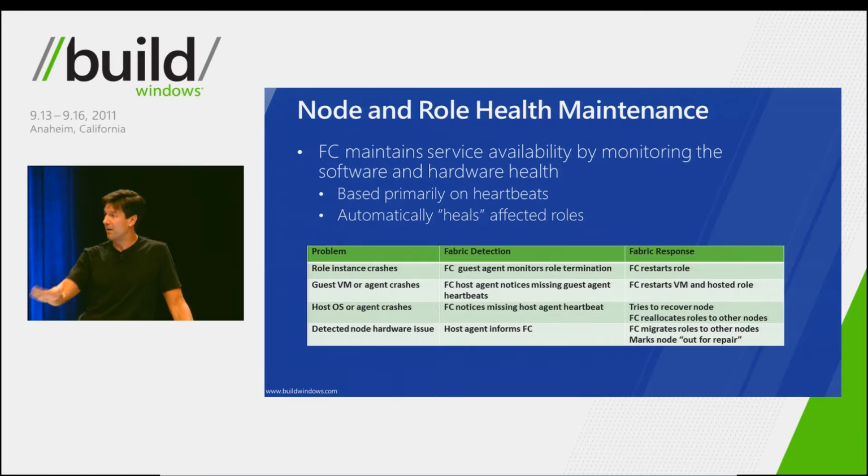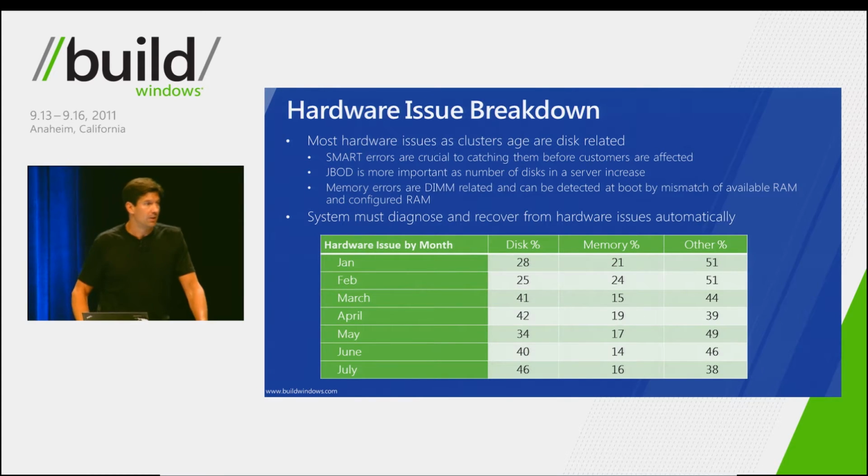We will blow away the OS differencing VHD and start fresh with a new OS because we're afraid that something's been corrupted there. It could be in a bad state, and so we will try to reset it. If we detect a hardware issue, the host agent informs the Fabric Controller. The Fabric Controller then takes that node out of rotation by doing something called service healing, which I'll describe on the next slide.